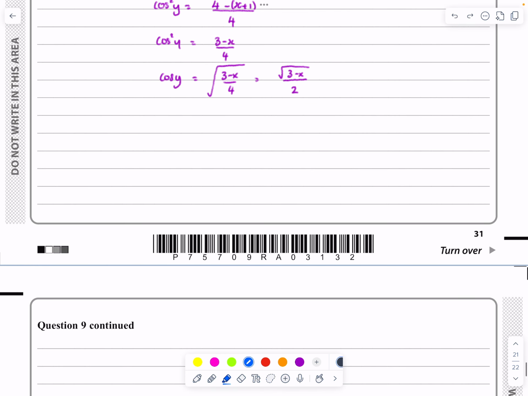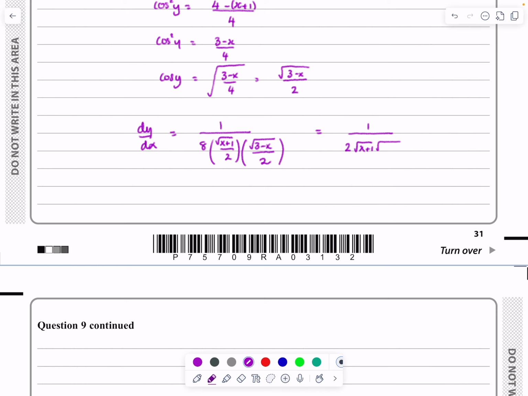So we get dy by dx then was equal to 1 over 8, and then I've got root x plus 1 over 2, root 3 minus x all over 2, which works out to be the 8 and the 4 there both just cancel out, so we get 1 over 2 root x plus 1 root 3 minus x.